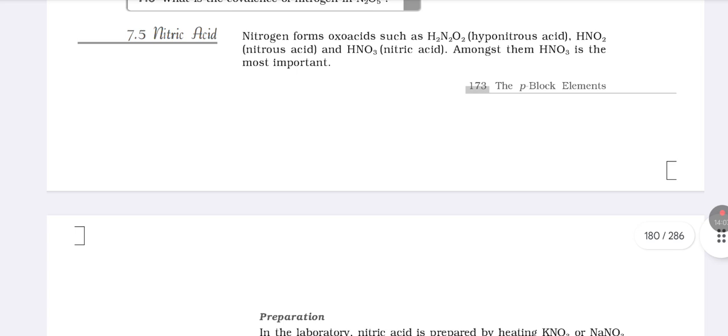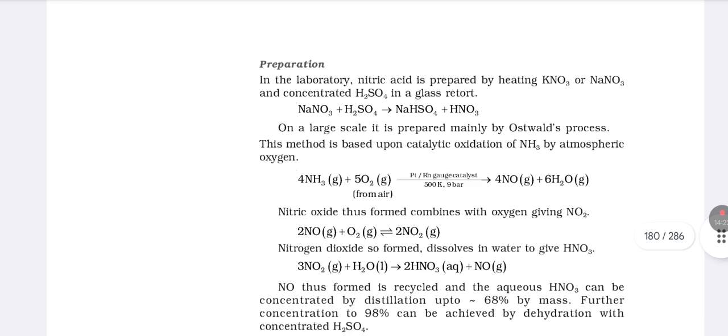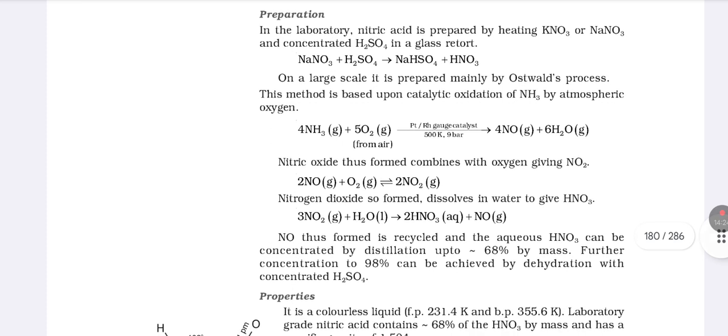Nitric acid. Nitrogen forms oxoacids such as H2N2O2, hyponitrous acid, nitrous acid, and nitric acid. Amongst them, nitric acid is the most important. In the laboratory, nitric acid is prepared by heating KNO3 or NaNO3 with concentrated H2SO4 in a glass retort.